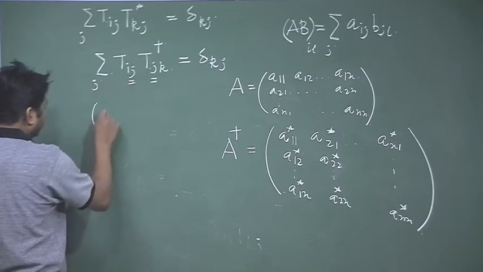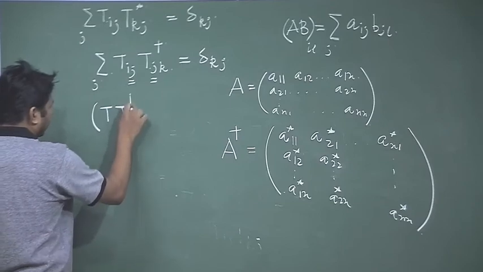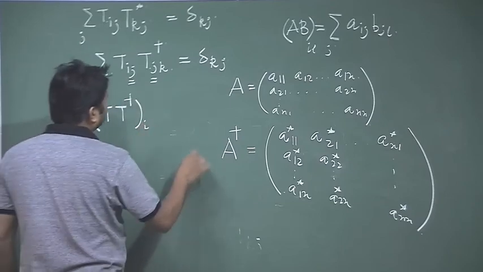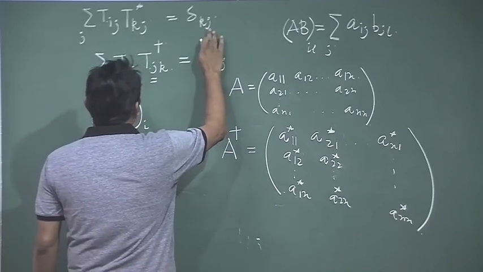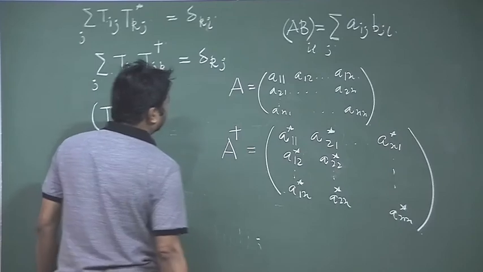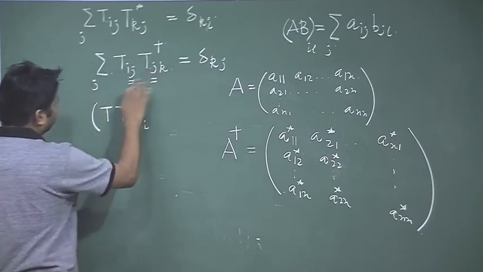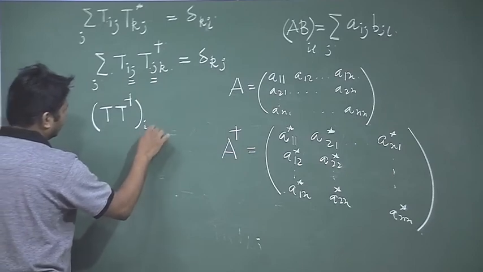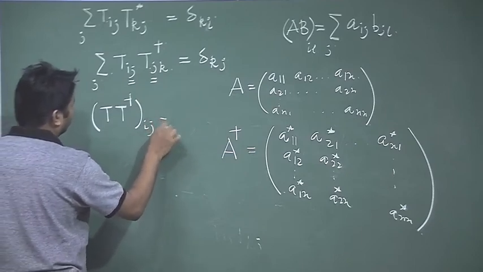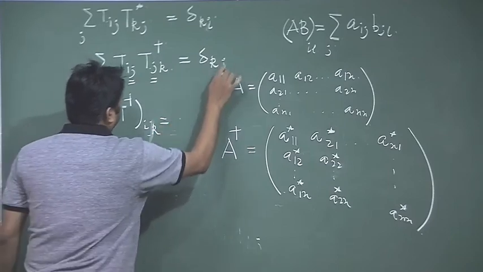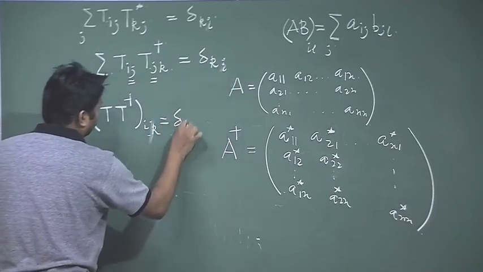So I can write this as T dagger of, it is not Kj, it will be the Ki component. So T dagger_ik is delta_ki.